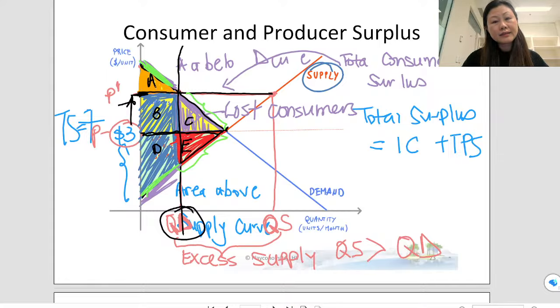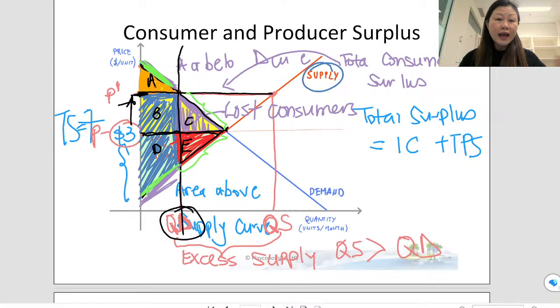Now, one of the key things I want you to take away from the last lecture, that we will bring into this week, is that you need to make sure you understand the concept of consumer and producer surplus.